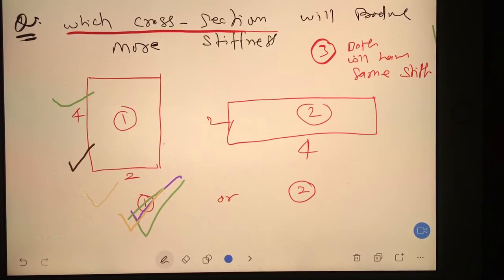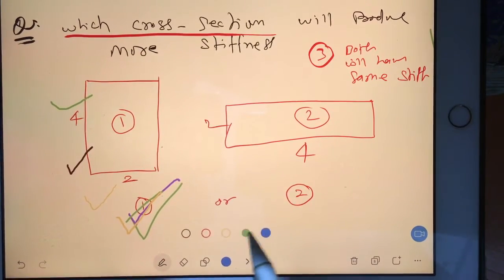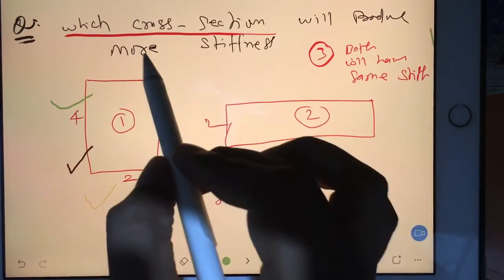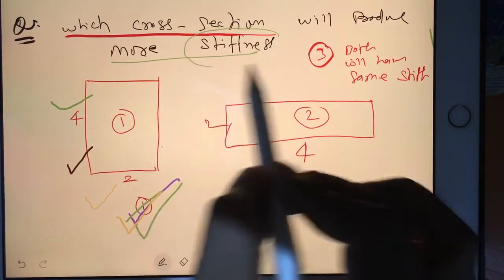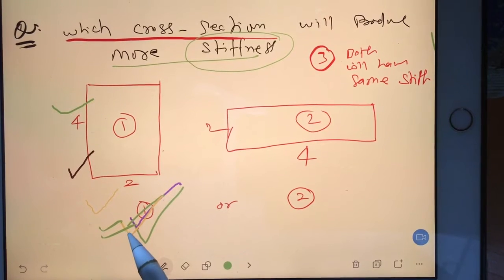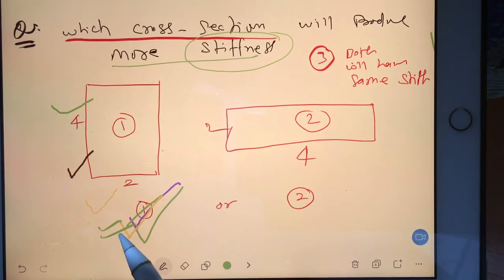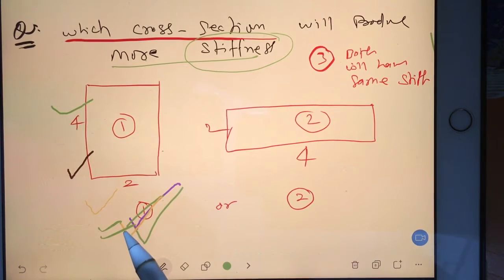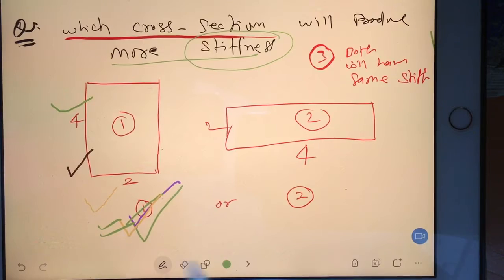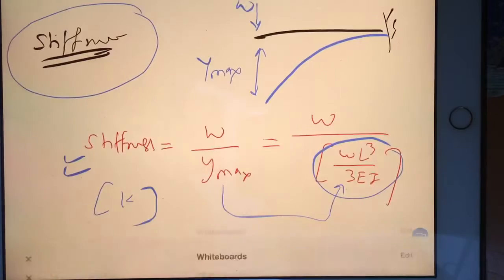So okay, I was asking in this question, which cross section will produce more stiffness? Some of you are saying cross section 1. How will you think on this? Just now we have got our basic formula of stiffness in terms of moment of inertia.